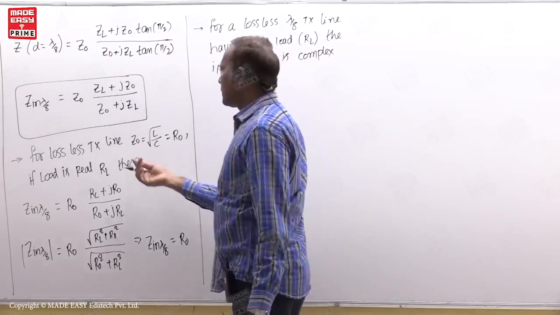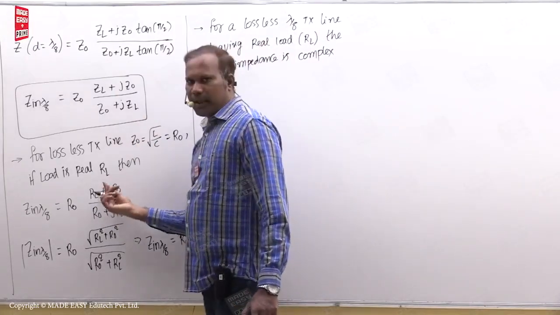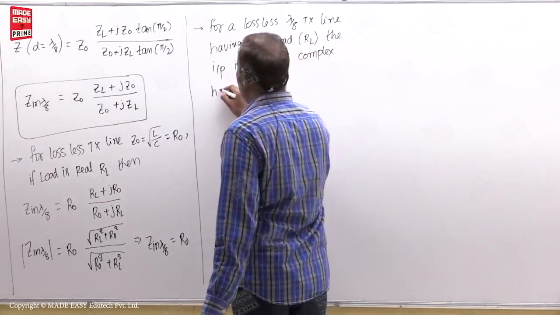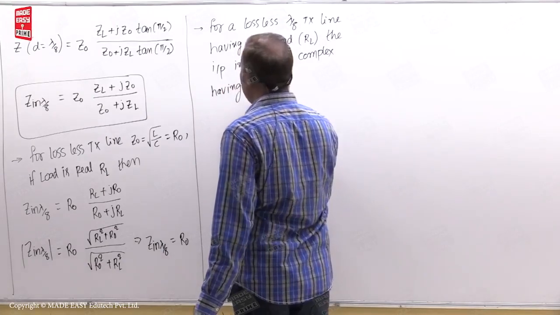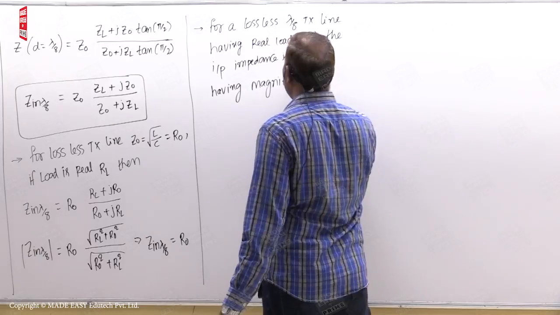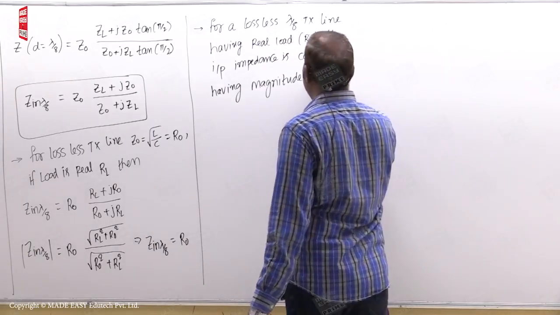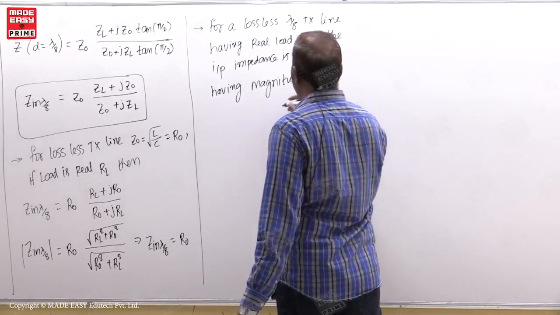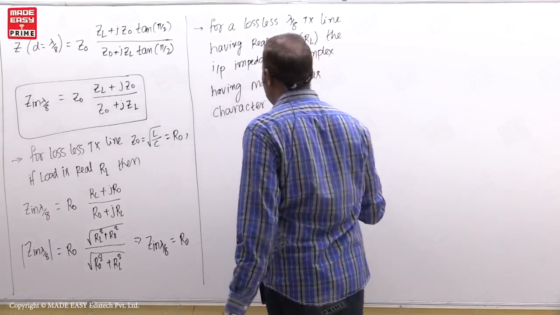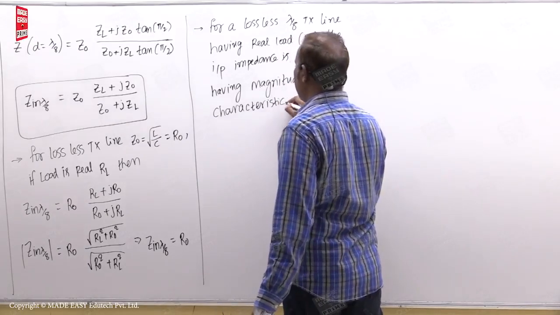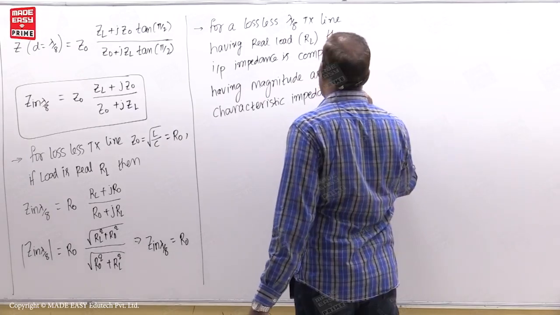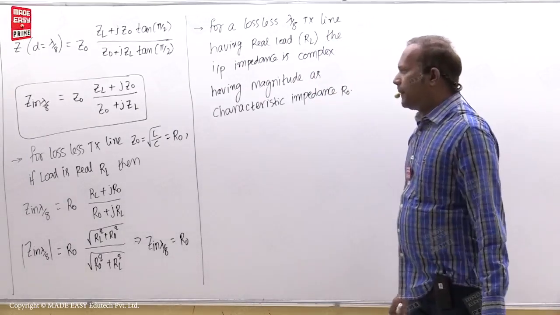Complex by complex is complex. Complex, having a magnitude as the characteristic impedance, that is R0. Okay.